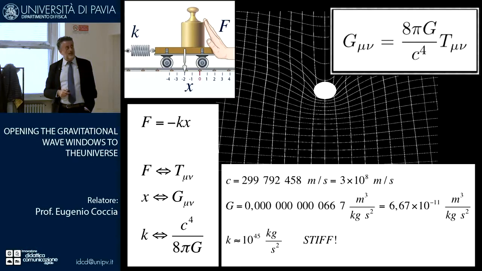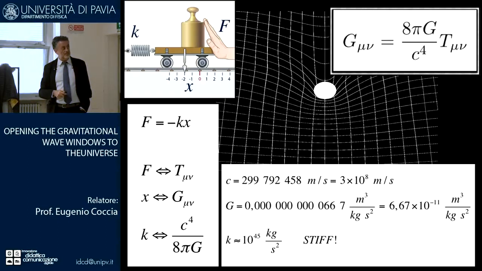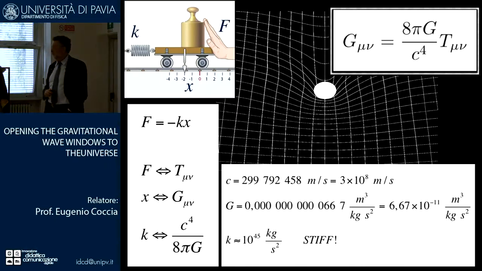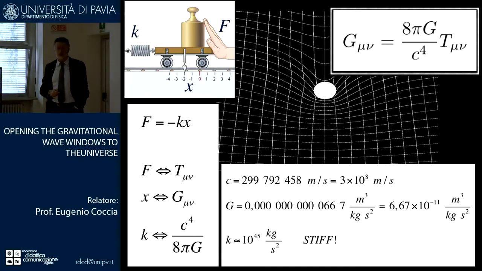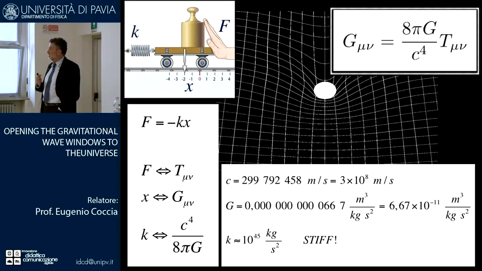So in the Einstein equation, the metric tensor, what gives you the geometry of a space-time, depends on the presence of energy and masses all around. So the force here is like this tensor there. The X is the deformation, so it plays the same role as the metric tensor here. And K, which is the elastic constant, which says how stiff the spring is, is equivalent to this constant here, which says how stiff space-time is.